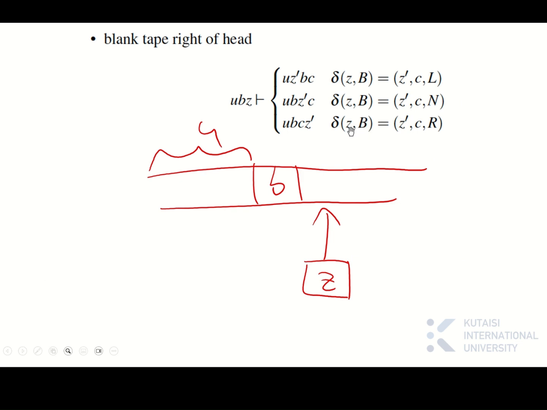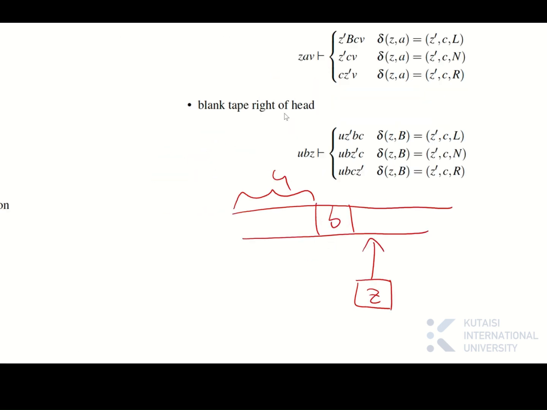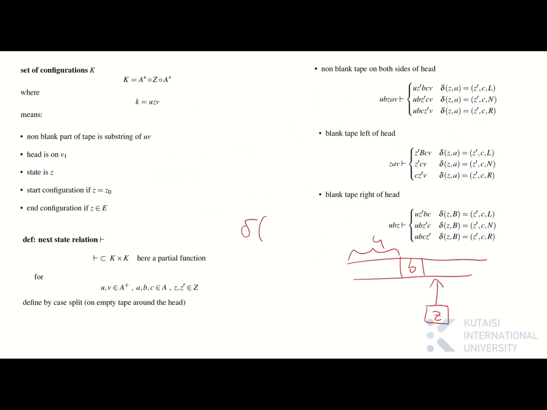So if I'm in state Z, at every single step, what my next action should be, my delta is not defined on empty things. Let me clarify this. Delta of something empty is not defined, because delta only takes alphabet symbols, and epsilon is a string, not an alphabet symbol.